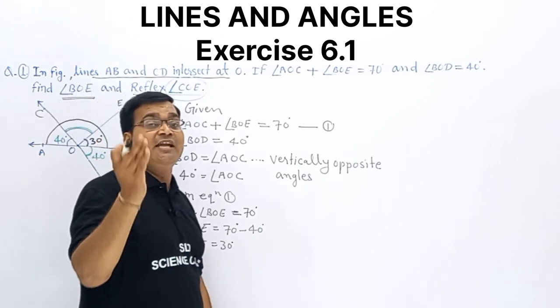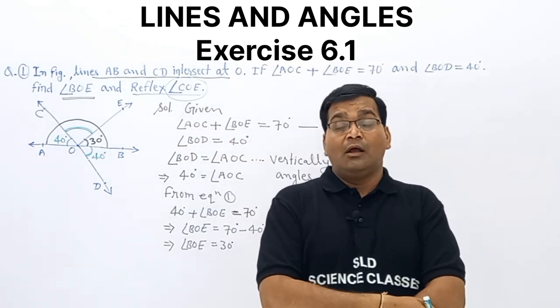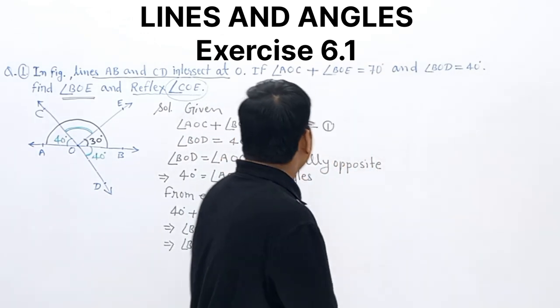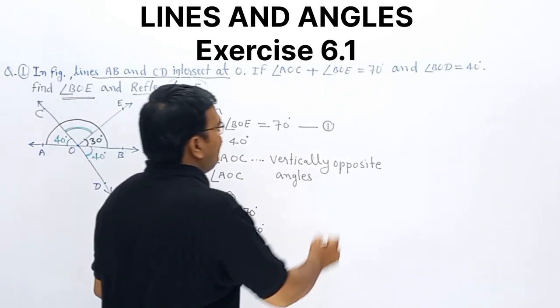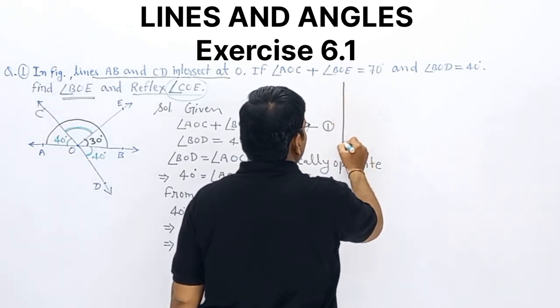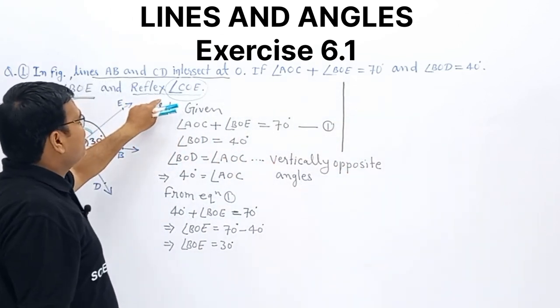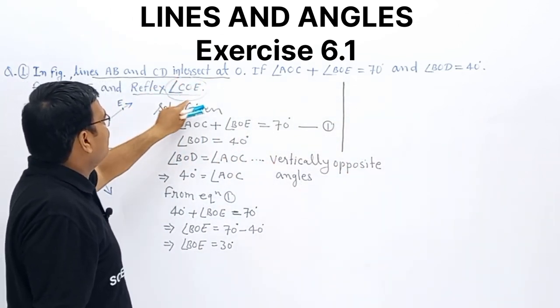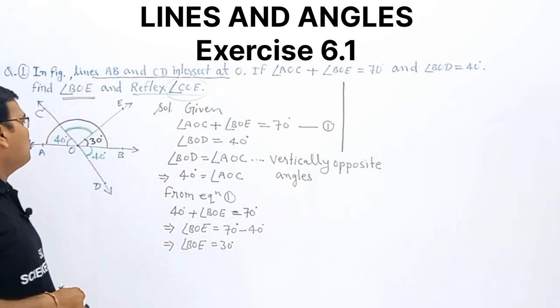This is the linear pair axiom, or linear pair of angles. Clear? We want to obtain this one, so first we should calculate it, using linear pair of angles.